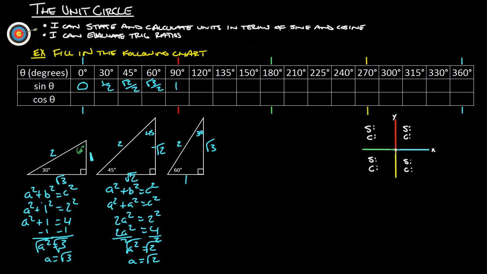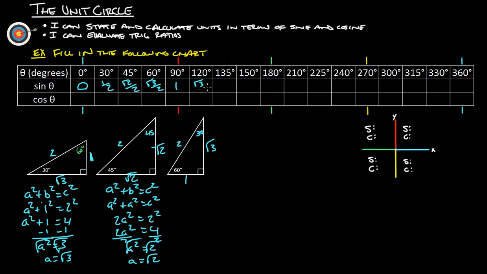Okay, now 120 is going to be from here around to here. So it's going to make what we call a reference triangle right here. Basically it's this 60-degree angle again, right? Opposite of that is root 3, hypotenuse is 2, so this is root 3 over 2. Before I do that, I'm going to erase this because we're going to use this chart later.